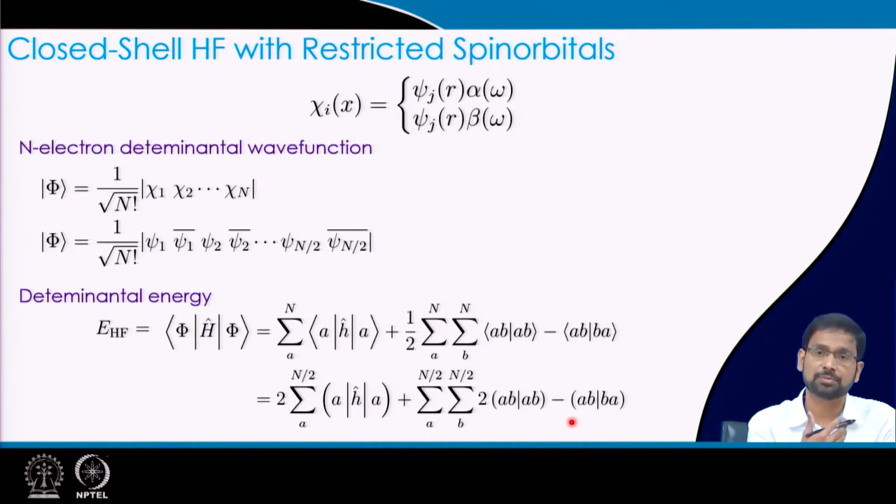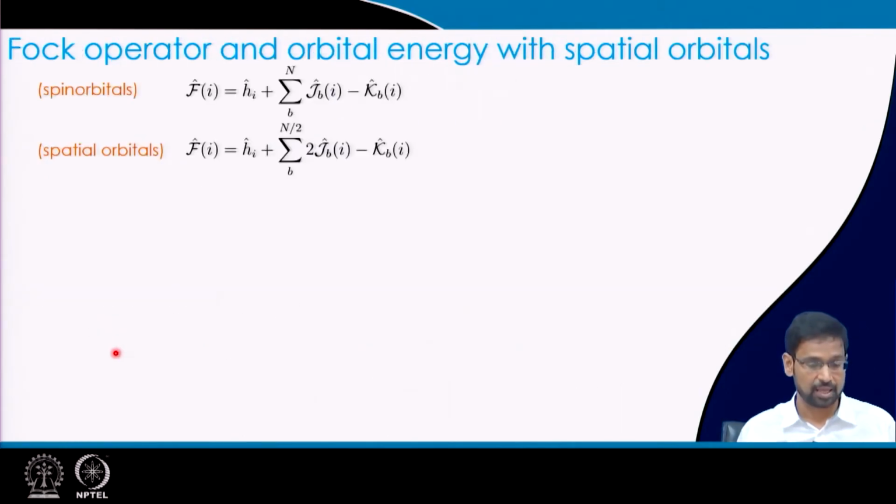So, the Coulomb terms get twice as many interactions. Now, if my Slater determinant phi is the Hartree-Fock wave function, this energy is my Hartree-Fock energy.